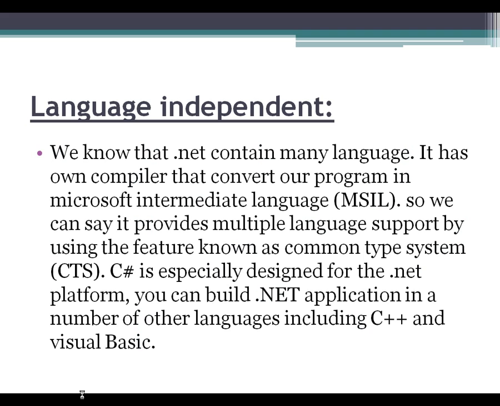So we can say it provides multiple language support by using the feature known as Common Type System, shortly known as CTS. C Sharp is especially designed for the .NET platform. You can build .NET applications in a number of other languages including C++ and Visual Basic.